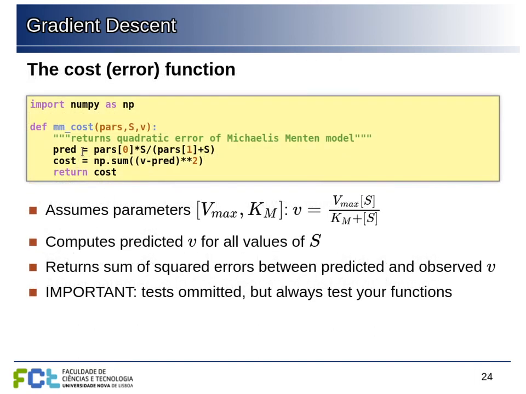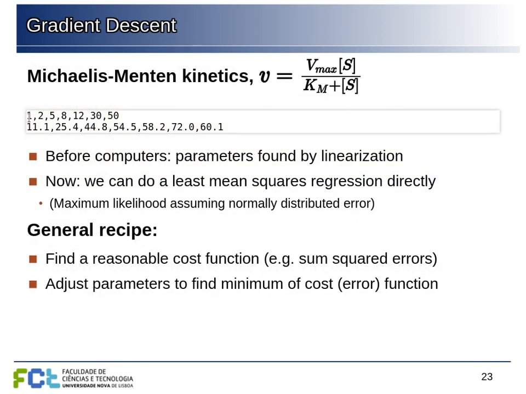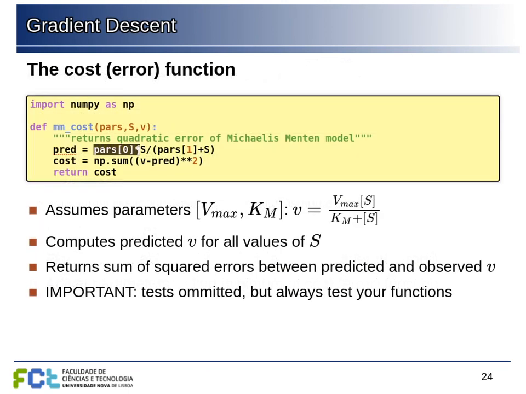So we're going to compute the predictions, that is for this set of concentrations. We're going to use the two parameters, the Vmax and Km, to predict what would be the initial velocities for each of these values if these parameters were correct. And now we're going to compute the sum of the squares of the errors by using the actual measured initial velocities minus the predicted velocities squared, and then we sum everything.